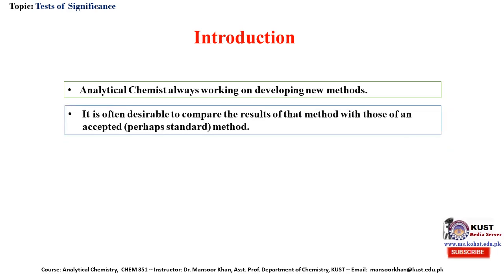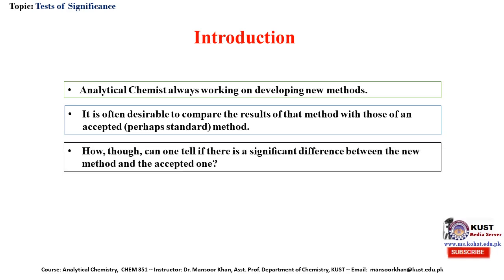Therefore, when a method is developed, it is often desirable to compare the result of that method with those of an accepted, perhaps standard method. The standard method which is already reported in the textbook is then used as a standard for the newly developed method. The newly developed method is then compared with the standard method which is already published in the literature.